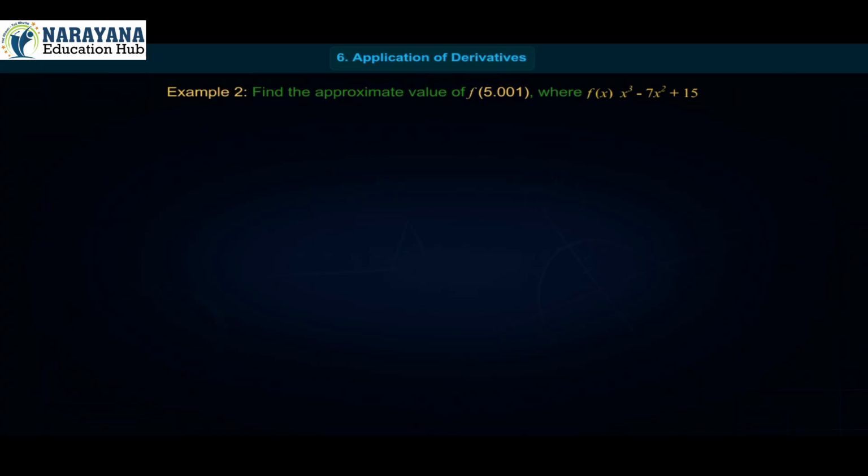5.001 where f of x is equal to x cube minus 7x square plus 15. Solution. f of x is equal to x cube minus 7x square plus 15. Therefore, f dash of x is equal to 3x square minus 14x.